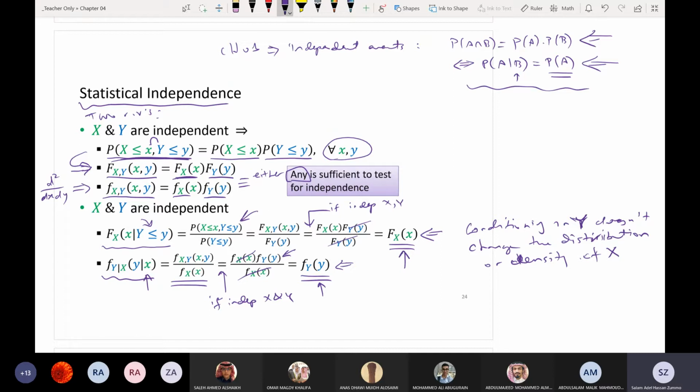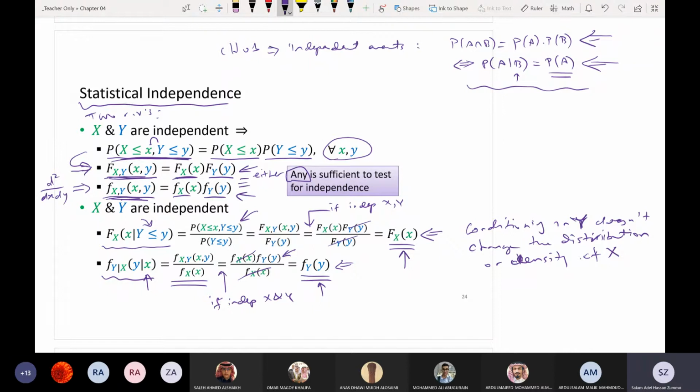Now, in order to prove independence, simply you need to find the joint CDF or the joint PDF and prove that either this statement or the second statement is satisfied. Either the joint CDF equals the product of the marginals, or the joint PDF equals the product of the marginal PDFs, which is a very strong statement.